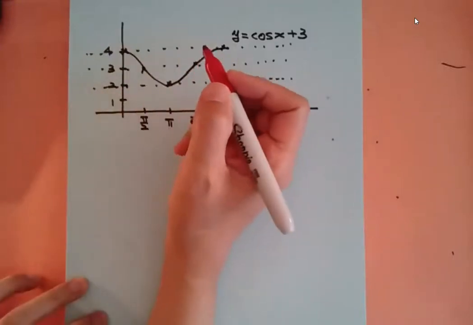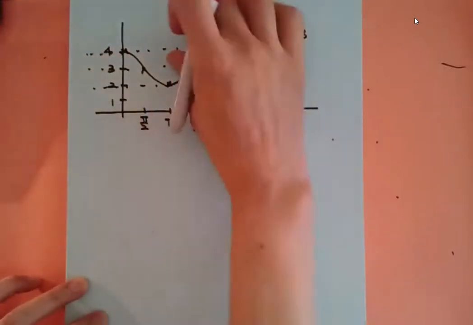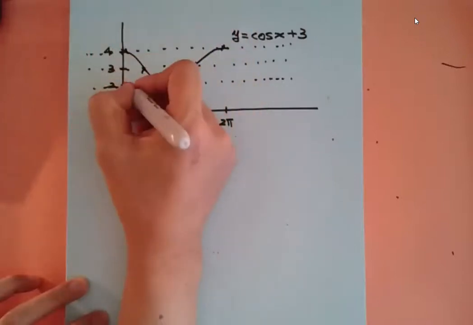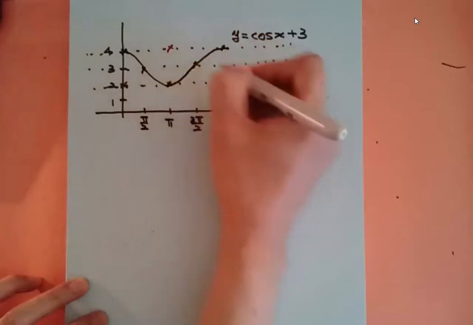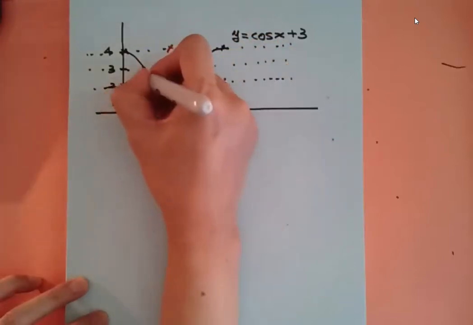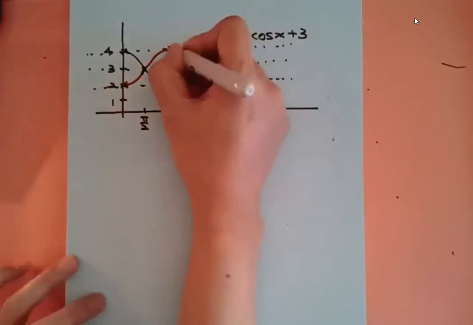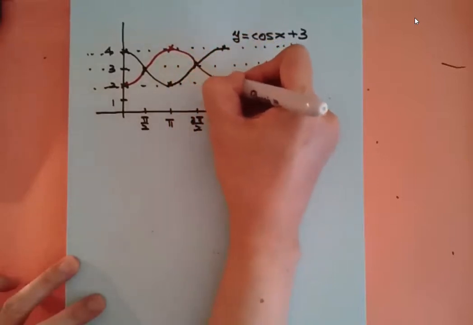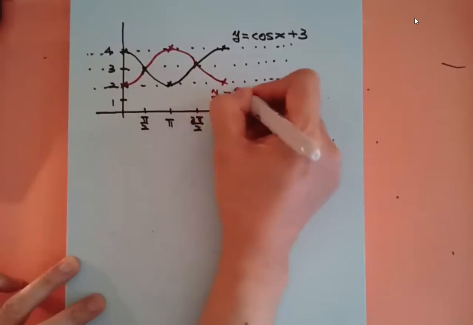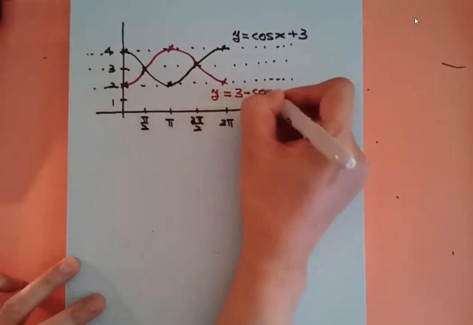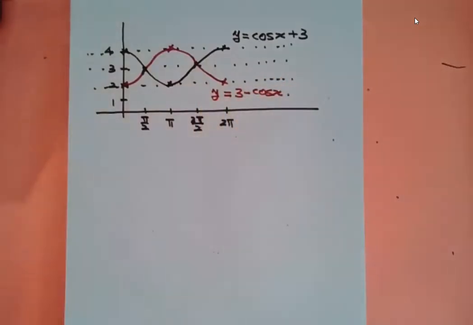The other graph was flipped, this time flipped along y equals 3. So it looks like this. So the red graph is y equals 3 minus cosine of x.